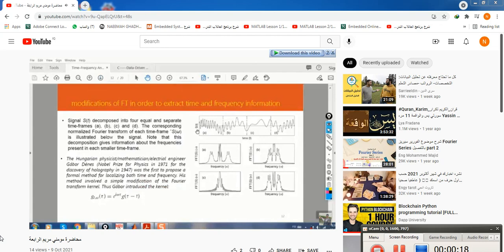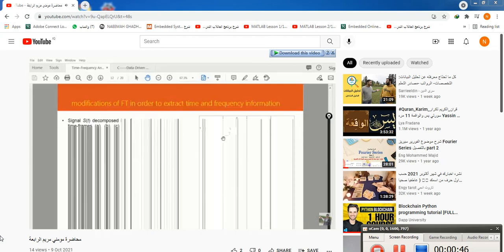After this discussion and study, it seems if we decompose a SAT signal to 4 groups, A, B, C, and D, and then we apply Fourier transform for each part.